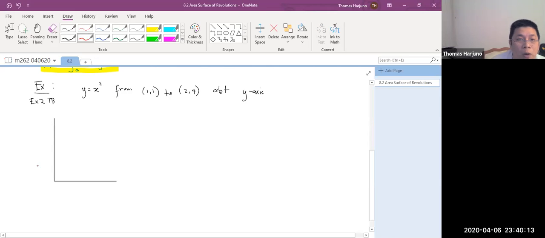The curve approximately looks like this. And we want to rotate with respect to the y-axis though, not x like we did earlier. So the shell that we get later on will look like this.